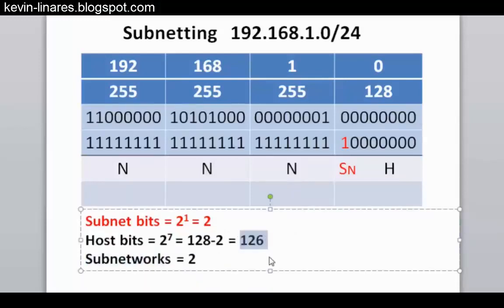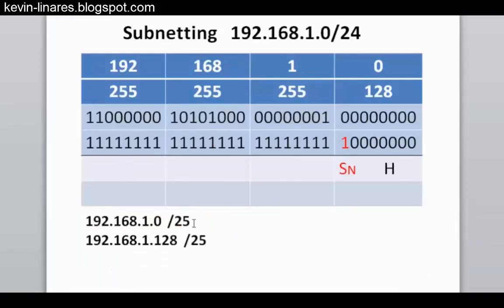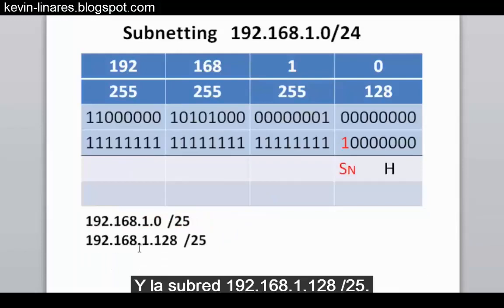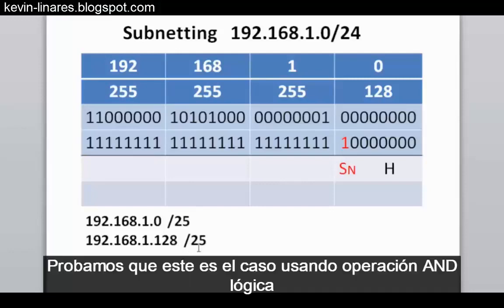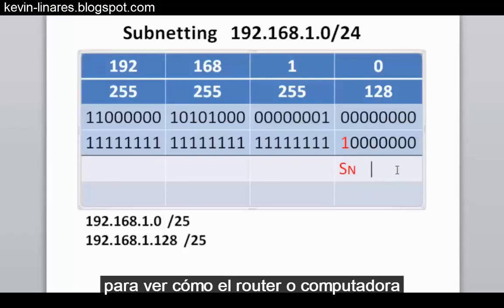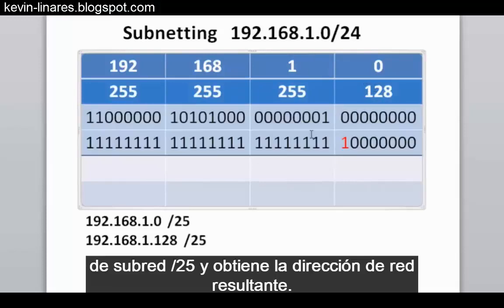The subnetworks are the 192.168.1.0/25 subnetwork and the 192.168.1.128/25 subnetwork. We can prove that this is the case using logical ANDing to show how the router or a computer would take an IP address with this particular /25 subnet mask and derive the resulting network address.